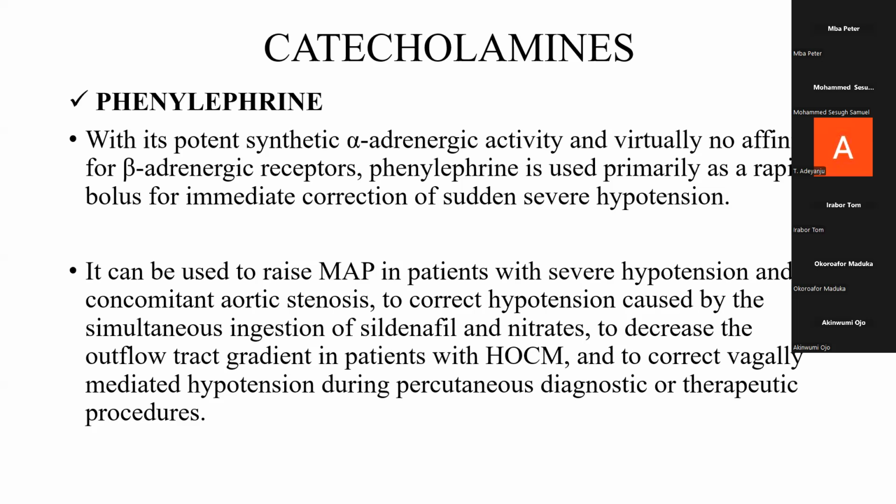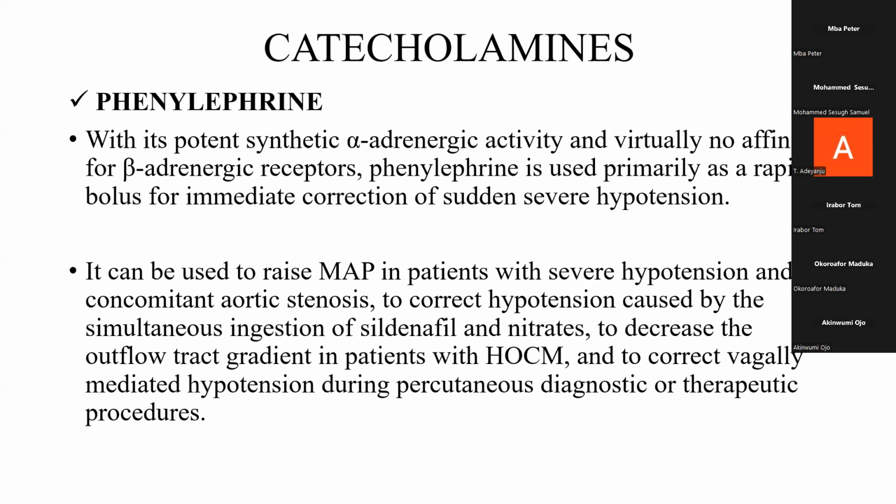It has little or no effect on your beta adrenergic receptor. So this is when you are trying to target hypotension that is not directly originating from the heart itself or the cardiac myocyte. It raises your mean arterial pressure.